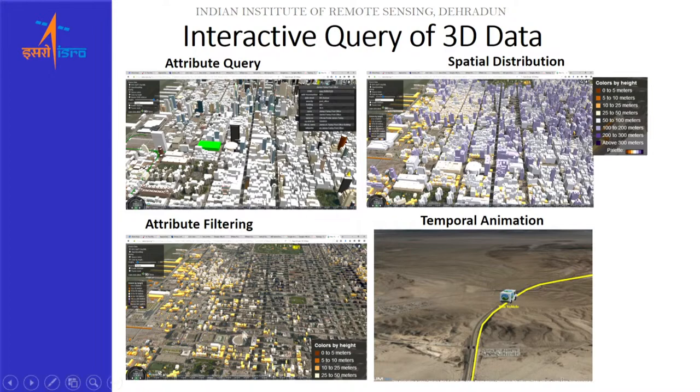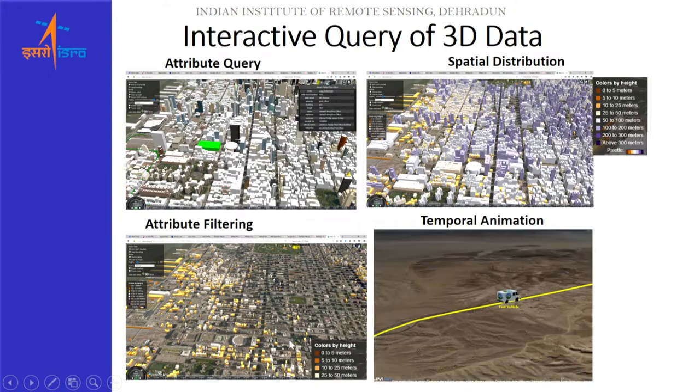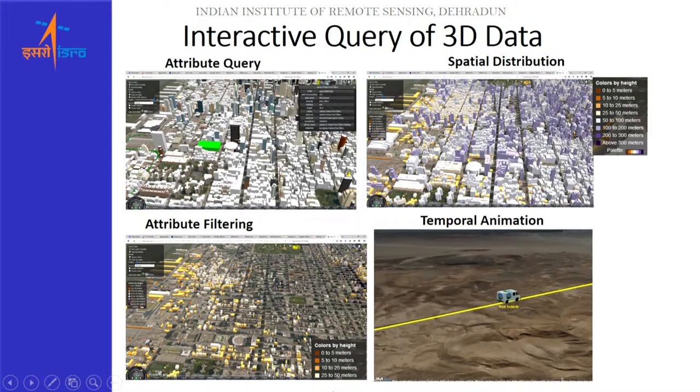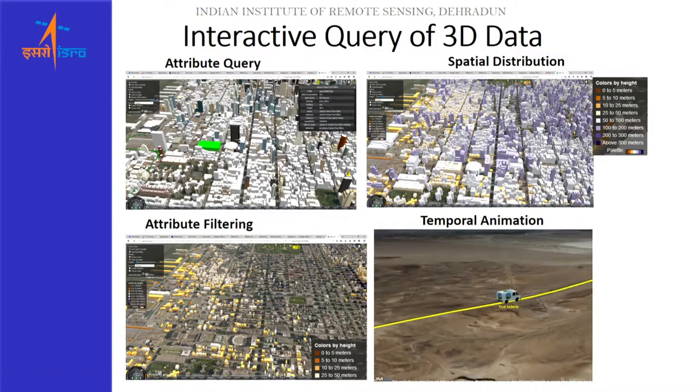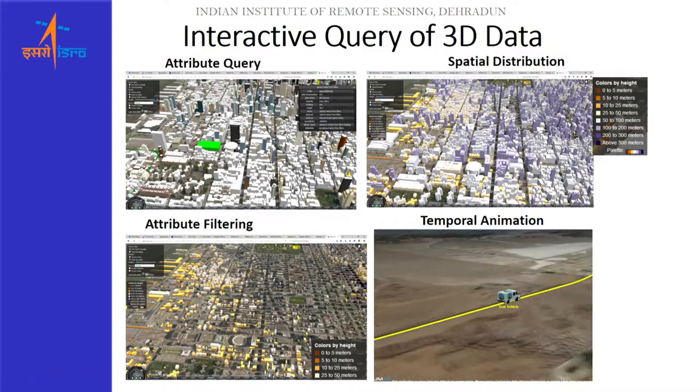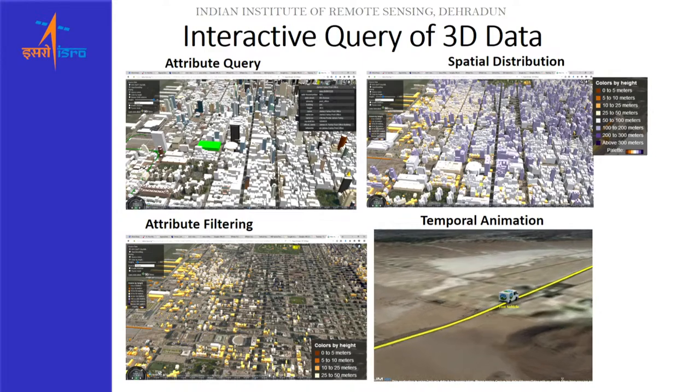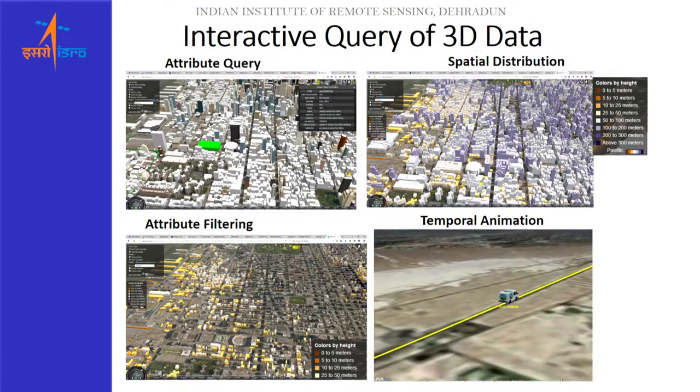We can also do specific attribute filtering just to see the segregation of different classes of 3D objects, and we can do some basic animations, like large-scale animations. This is just an example where you may have a GPS track available, and you can use it for generating different scenarios, like at what speed a particular object was moving while capturing the tracks and so on.